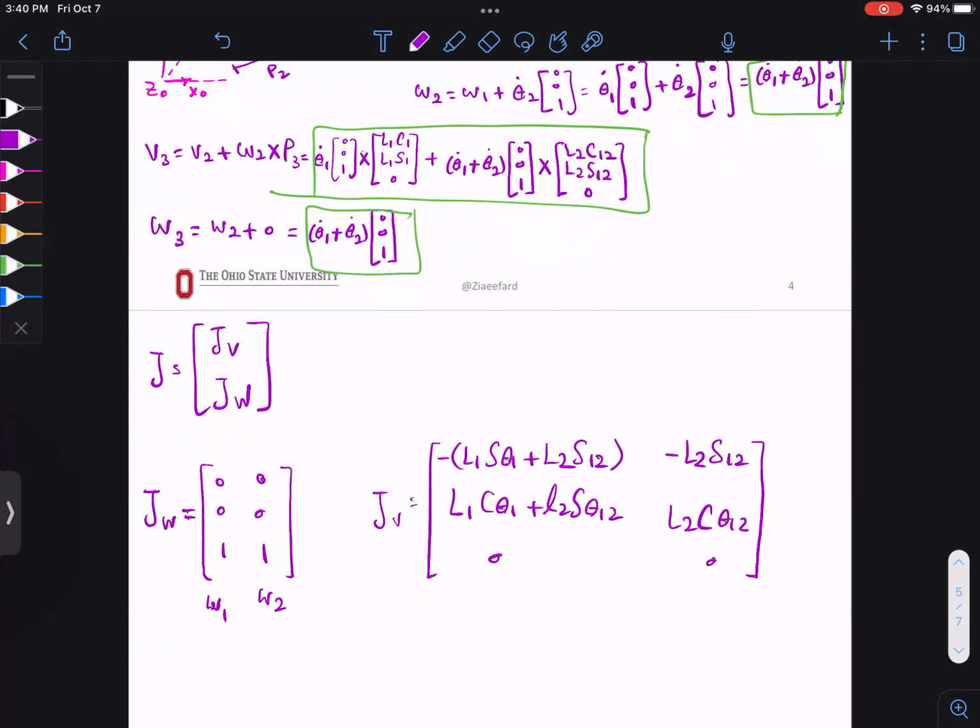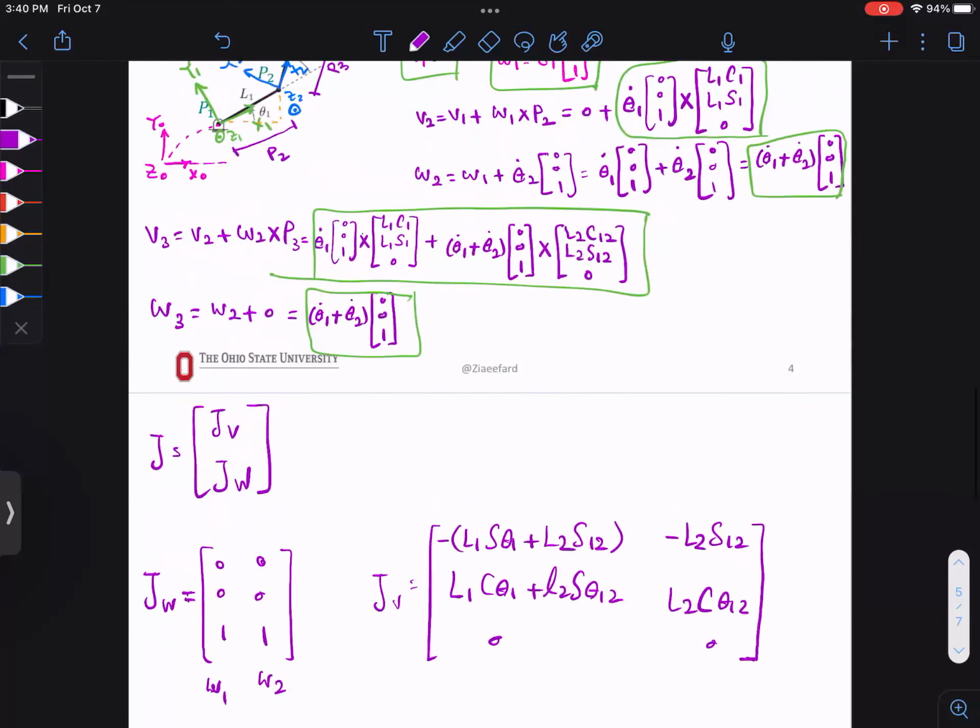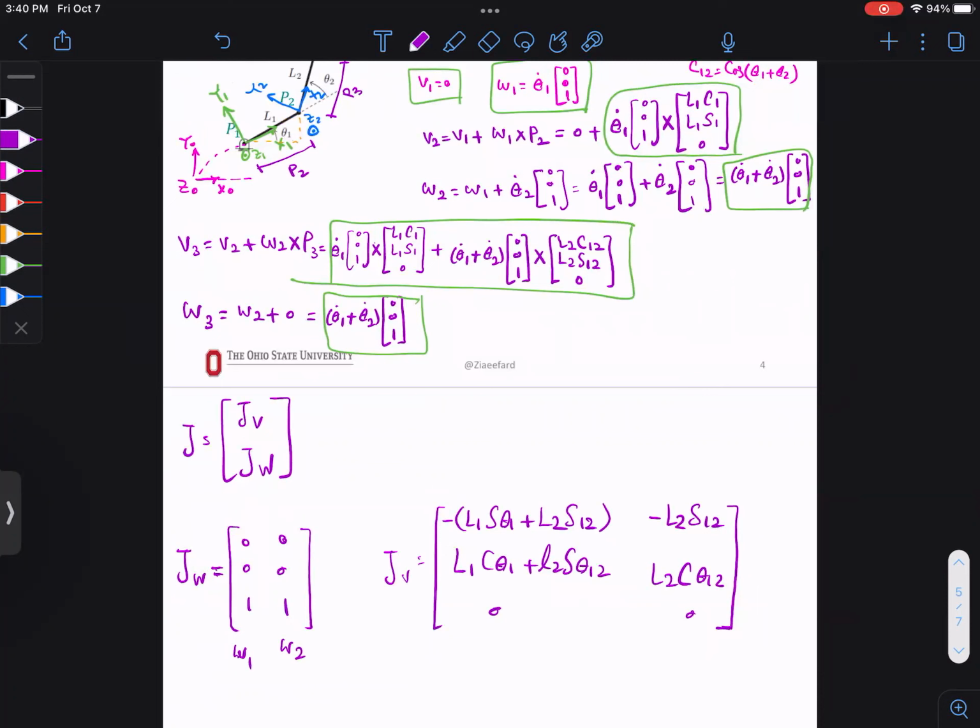And then these are zeros. Now, what do you see here? This is the one we found, x, y direction. This is 0 in z direction, right? There was no velocity in the z direction, correct? So if you look at the end effector, it only has velocity in x and y direction.